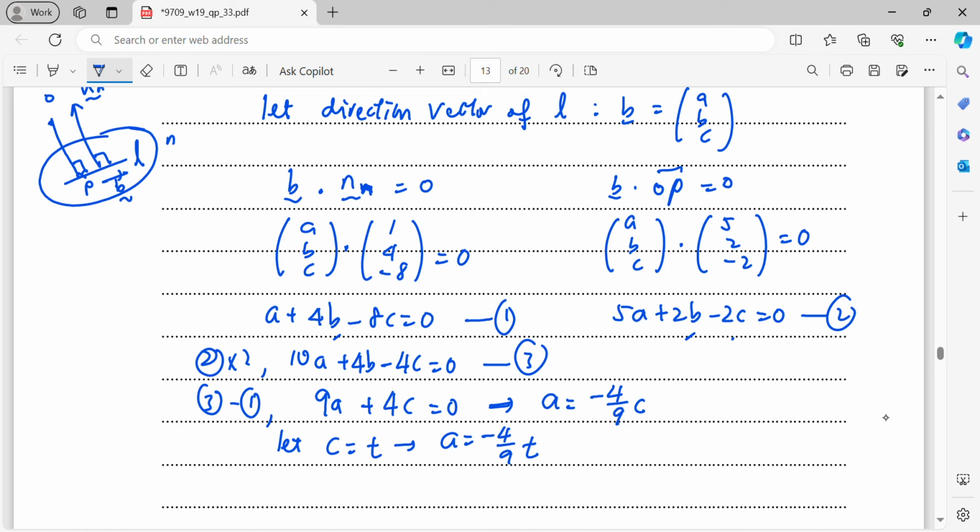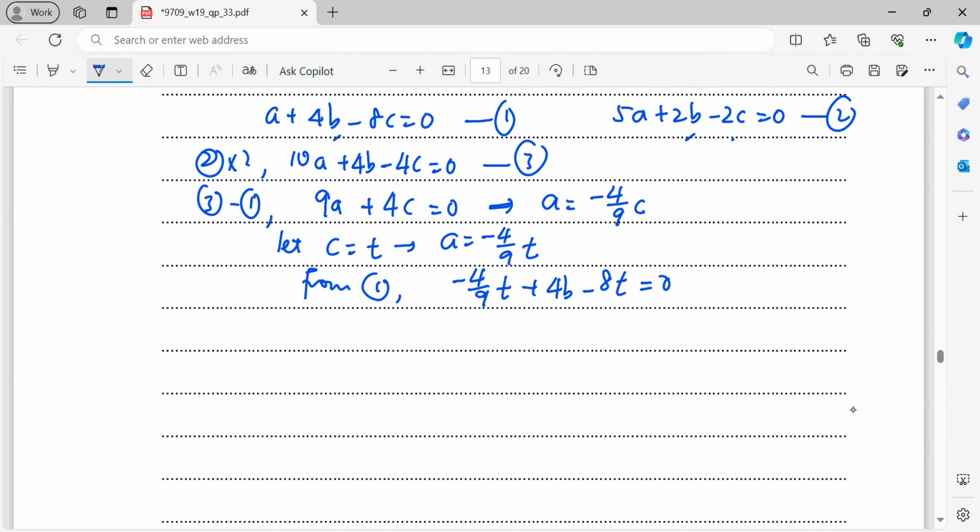Then to get b, I will just substitute into the first equation. So minus 4 over 9t plus 4b minus 8t equals to 0. Then from here, I need to find b.